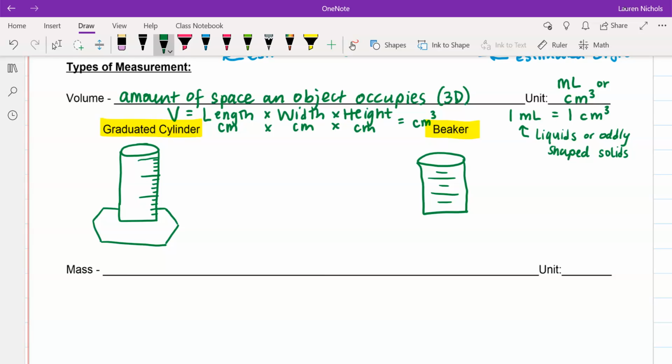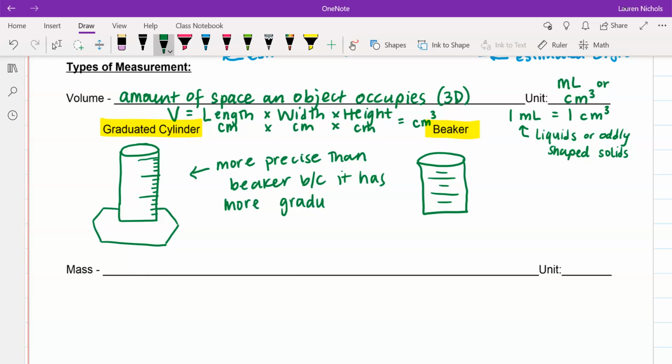And so a graduated cylinder is going to be more precise than a beaker because it has more graduations or tick marks. Okay, but you need to be able to know that the vocabulary word here is graduations.